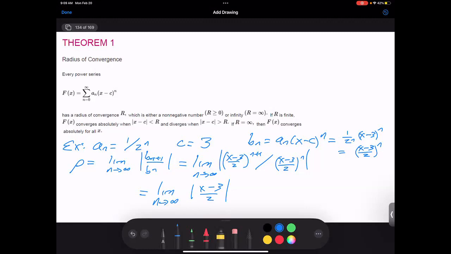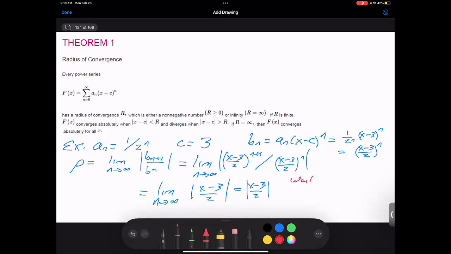What about when n equals 2013? So what's the limit as n goes to infinity of x minus 3 over 2? Yeah, it's just x minus 3 over 2. This has no n dependence. Everything worked out really nicely. And so I'm taking the limit as n goes to infinity of something that has no n dependence. If it has no n dependence, it's always x minus 3 over 2. It is just |x minus 3 over 2|.